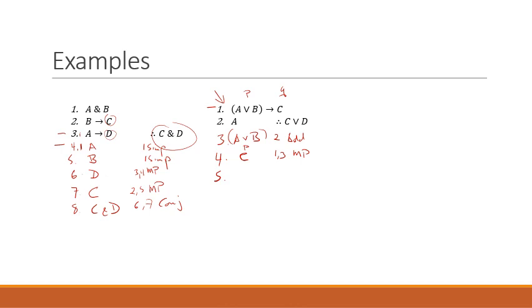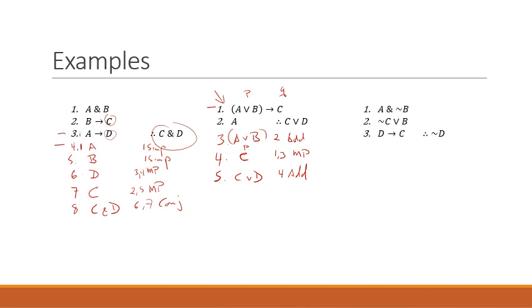Given that that's what the conclusion is, that's what we're going to do. So C or D is just adding D to line 4. And that gets you the conclusion. So you're done. Isn't that nice?